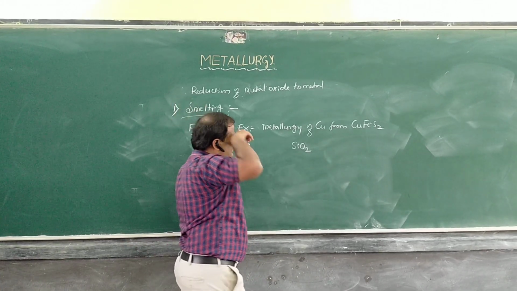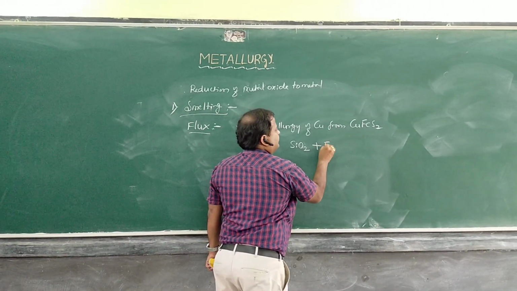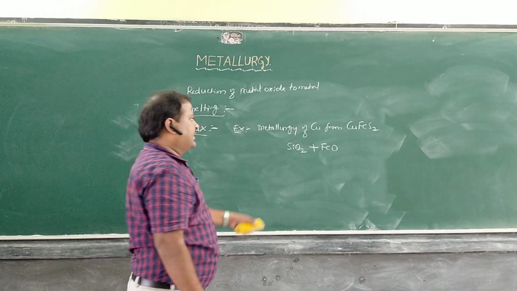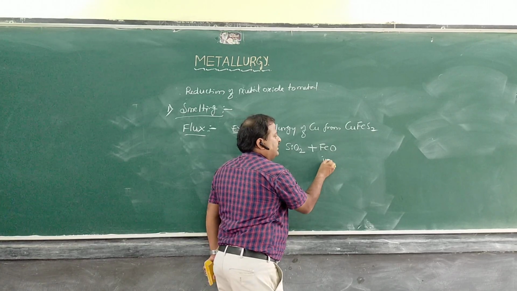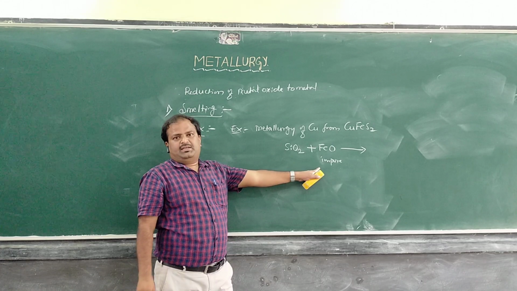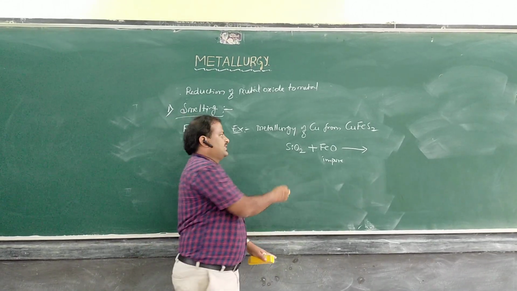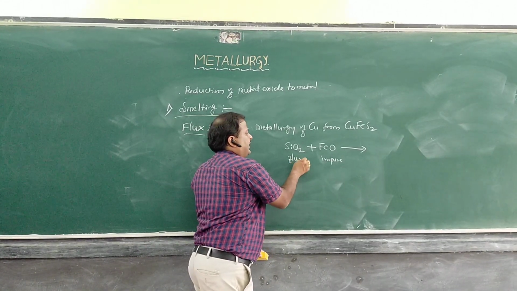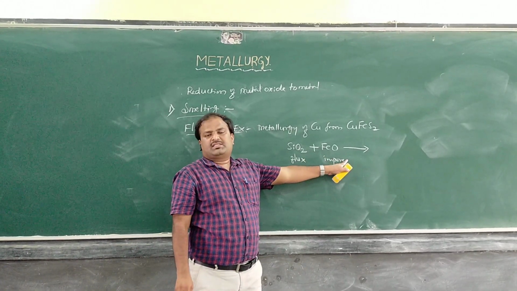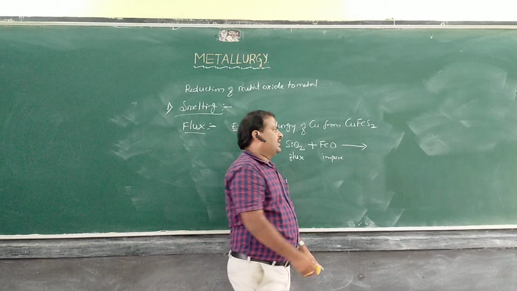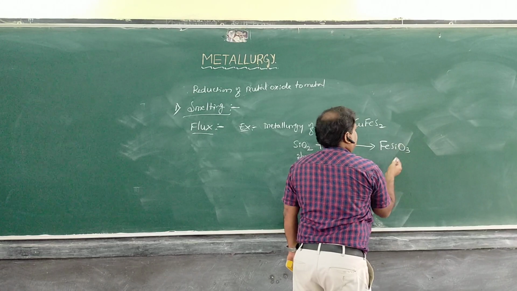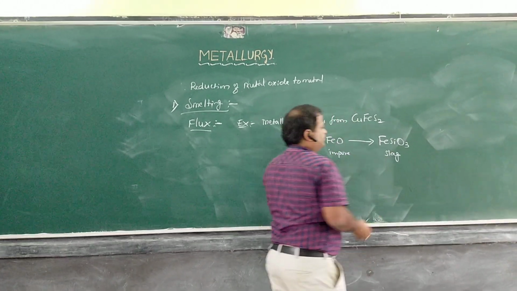Here the impurity is FeO, ferrous oxide, the impurity or gangue particle. To remove the impurity, we are adding flux. Here SiO2 acts as a flux which combines with the gangue, that is ferrous oxide, to form a fusible product that is called slag.